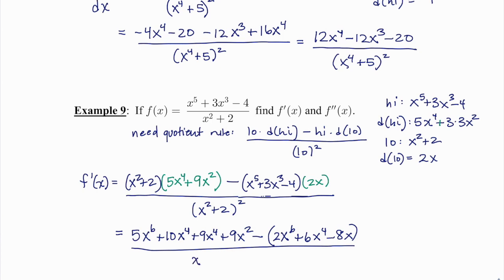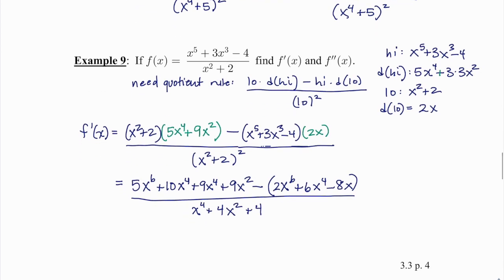So if I expand that, that's going to be x to the fourth plus 4x squared plus 4. Okay, so we'll keep simplifying f prime. In the numerator, I can see I'm going to have 5x to the 6th minus 2x to the 6th, so that's 3x to the 6th. X to the 4th I have from the first group 19, and then I need to subtract 6.